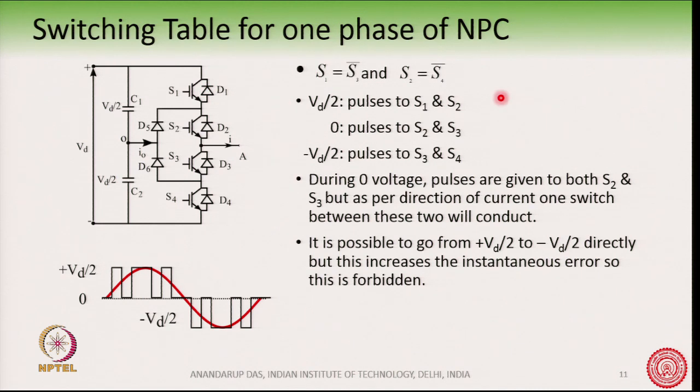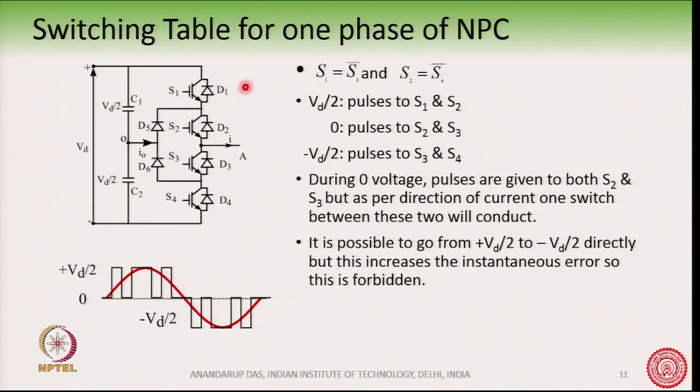This can be obtained from the table given in the previous slides, but you can also observe this converter S1, S2, S3, S4: you cannot turn on all of them simultaneously, because then you will short this DC bus.